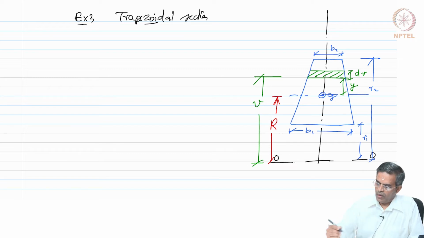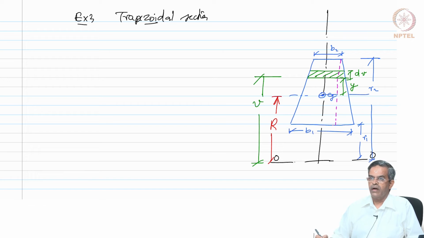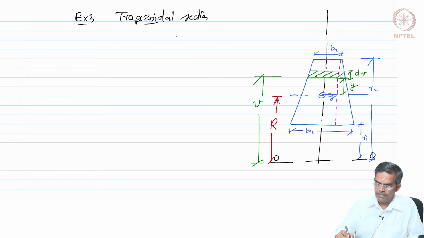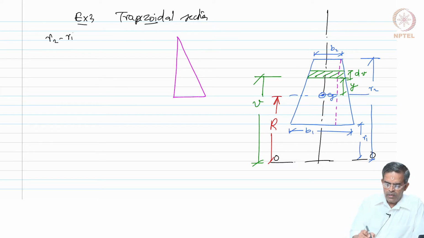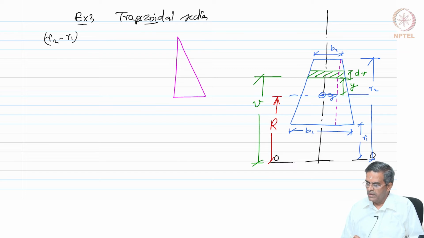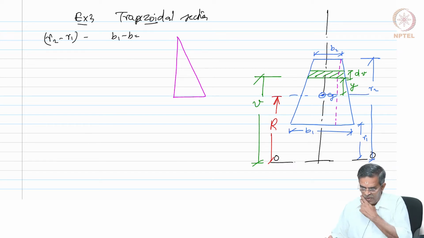Now, I divide this into a segment like this, and I will extrapolate this separately. Then I can write the similar triangle equation for this, which will be R2 minus R1 on the height gives me the variation as B1 minus B2. Am I right?